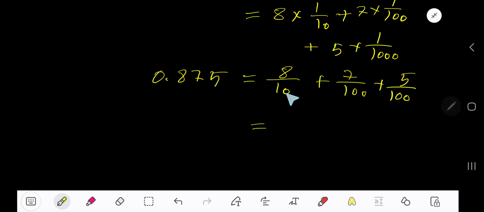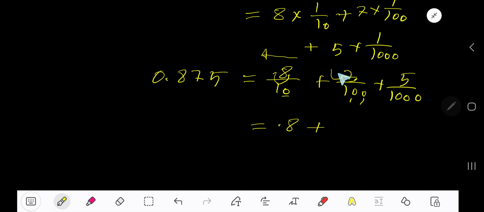You can also write this: 10, 100, 1000, these are called powers of 10. Just count the number of zeros and move the decimal from right to left by that number of zeros. So this is the whole number, so the decimal point will appear here. So move the decimal here.